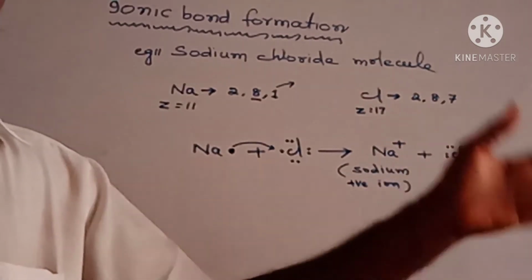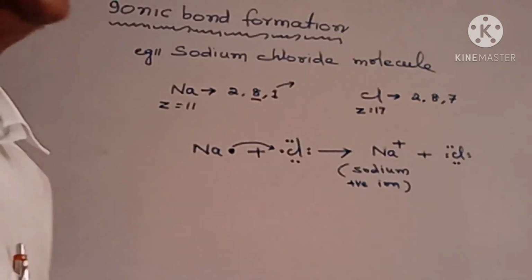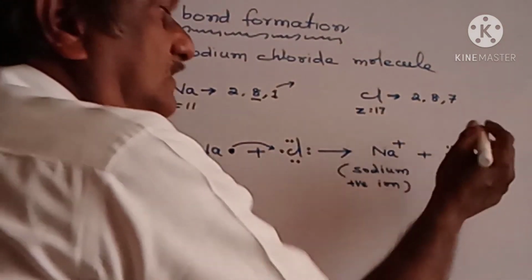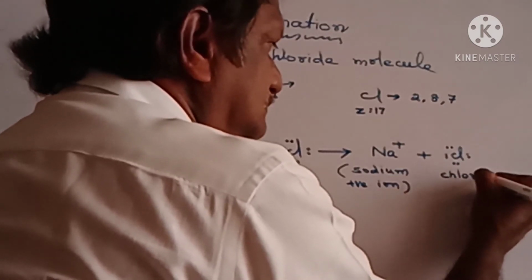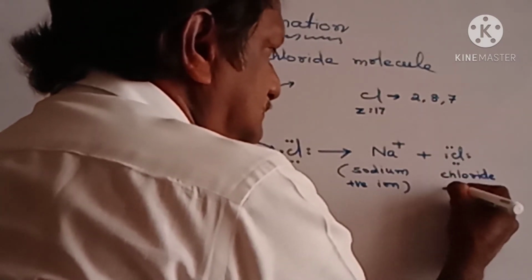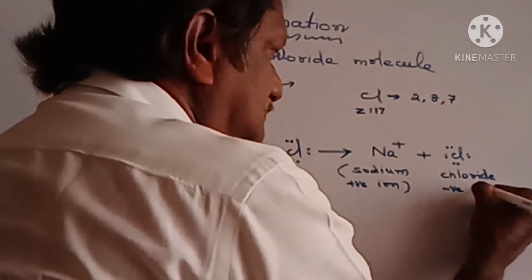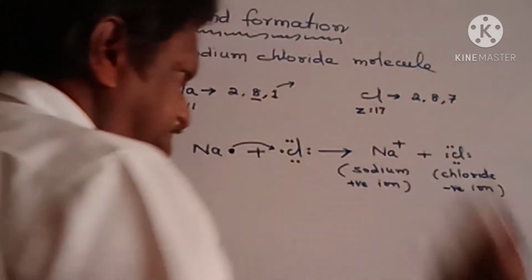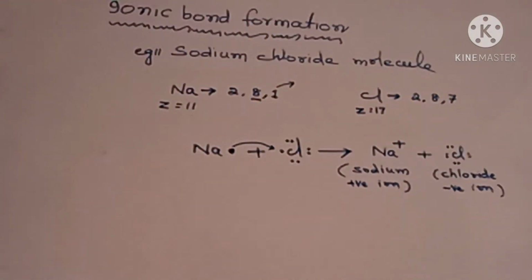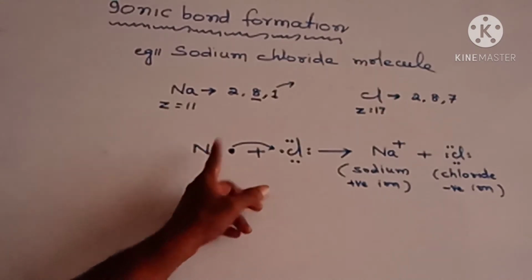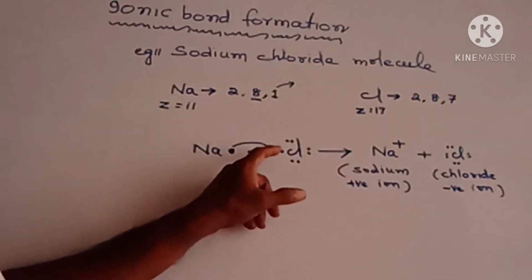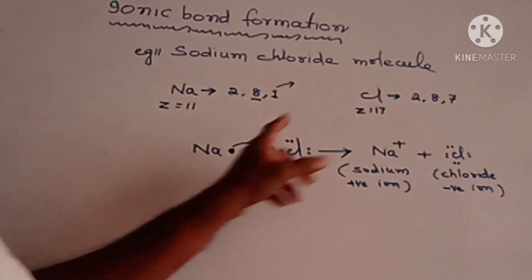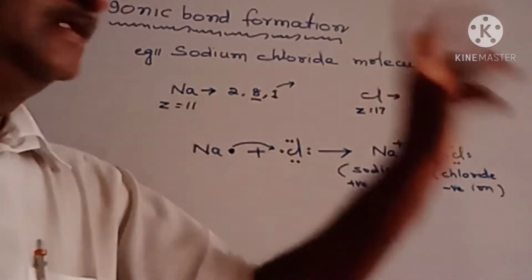Because of that, one extra negative charge is there, so it turns into a negative ion. So the sodium atom giving its electron turns into the sodium positive ion, and the chlorine atom receiving the electron turns into the chloride negative ion.